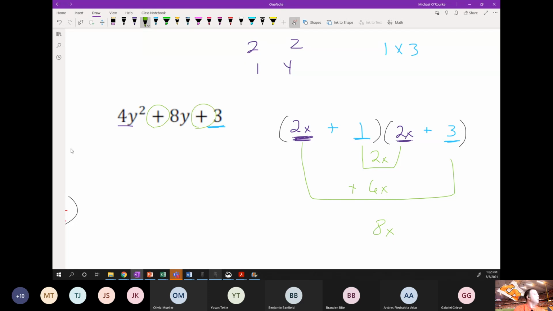Okay. I'm going to grab another one. And then I want you guys to try to do it yourself. 12 is not factorable.